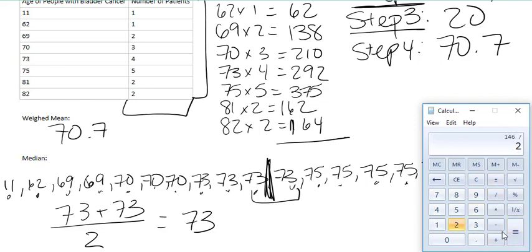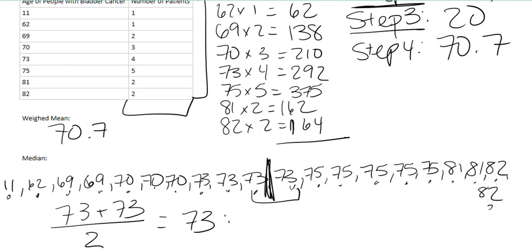Now divided by 2, which gets us the average, back to 73. So the median is 73, but the weighted mean is 70.7. The reason the weighted mean is lower is because we have that outlier of 11, which is weighing it down.